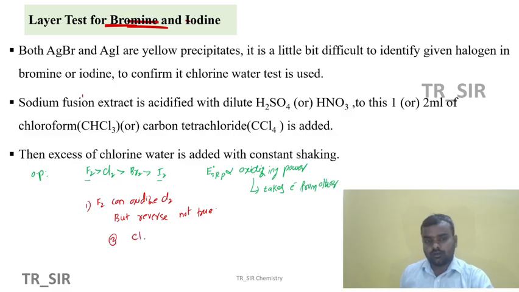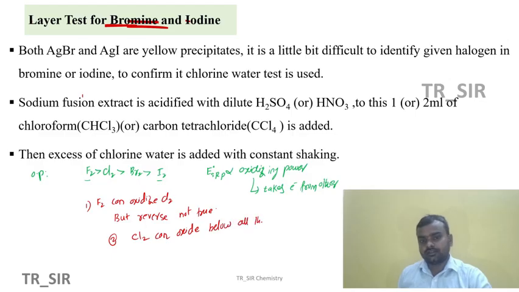Second point: chlorine can oxidize all the elements below it, like Br2, Br and iodine. Fluorine can also oxidize all of them: chlorine, bromine, iodine.